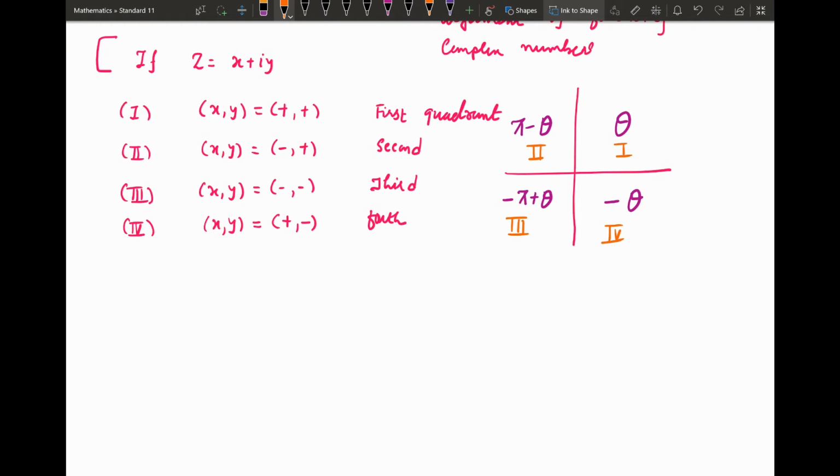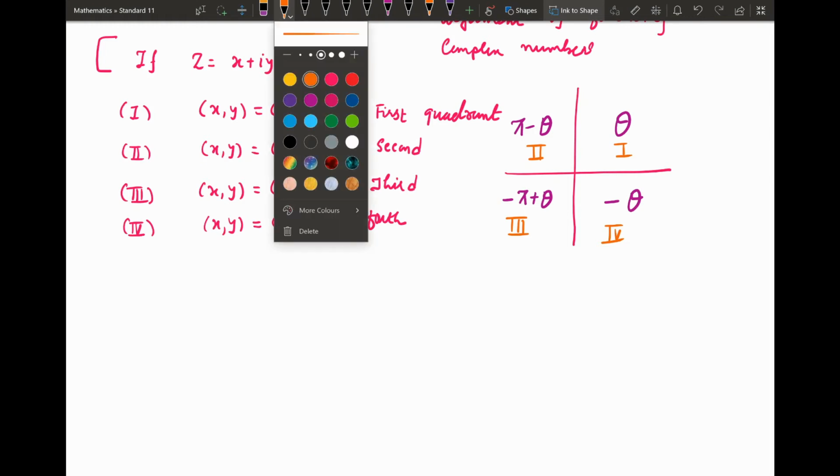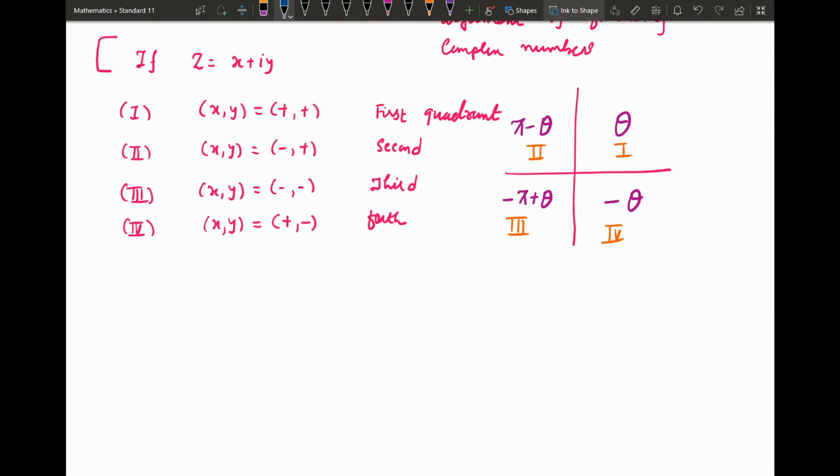Before we take any illustration of how to find this theta, we take 4 proper illustrations. First one, solve only for the principal value of the argument.